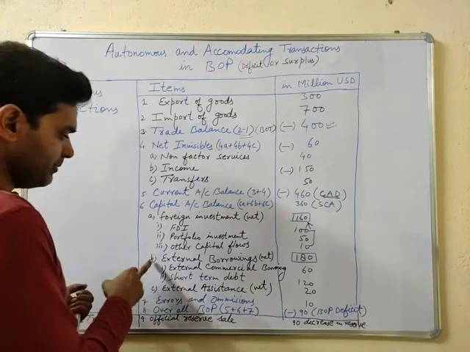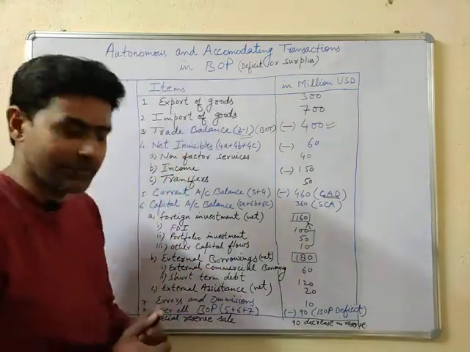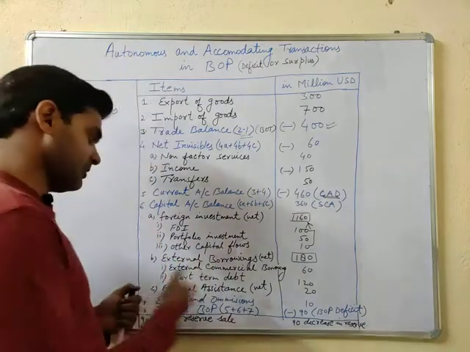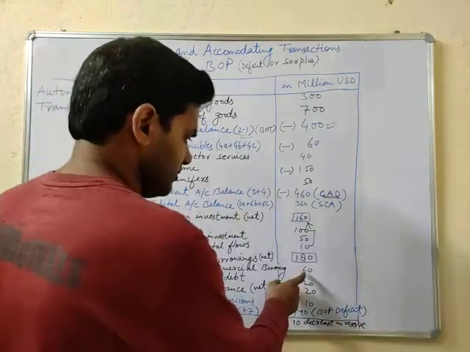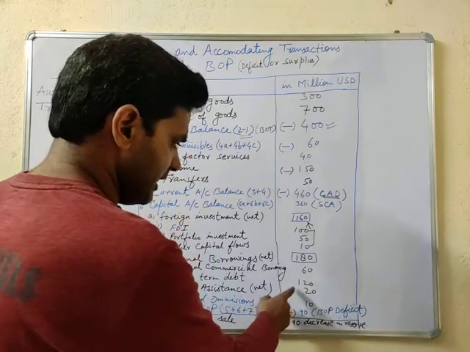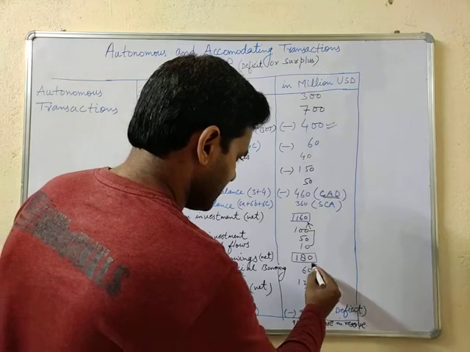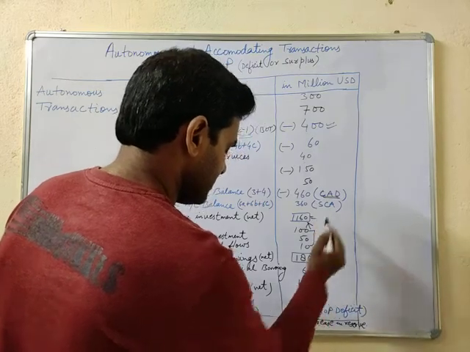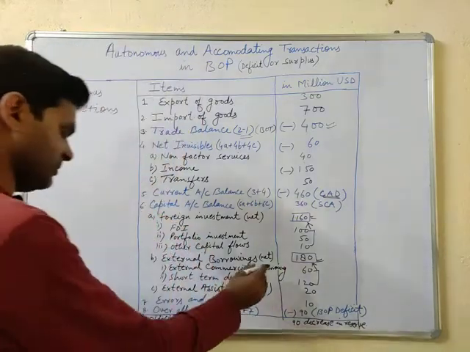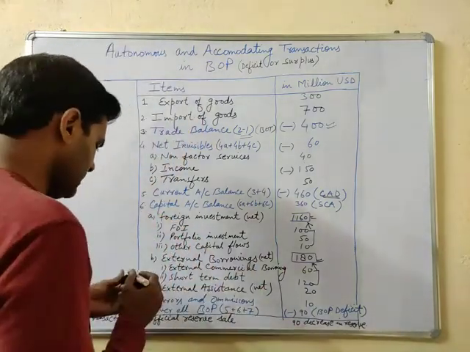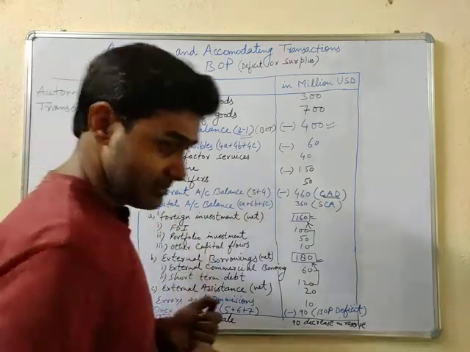Then the part B is external borrowings, which I have also discussed in my previous class. Borrowing constitutes the external commercial borrowings and the short-term debt. So this is the 60 and the 120. So these two together will constitute 180. Now the third component was the external assistance.